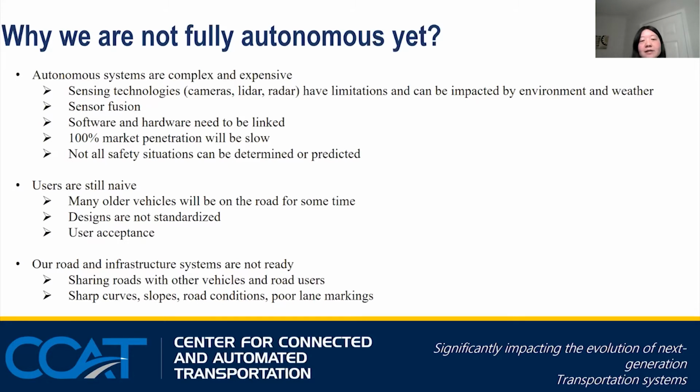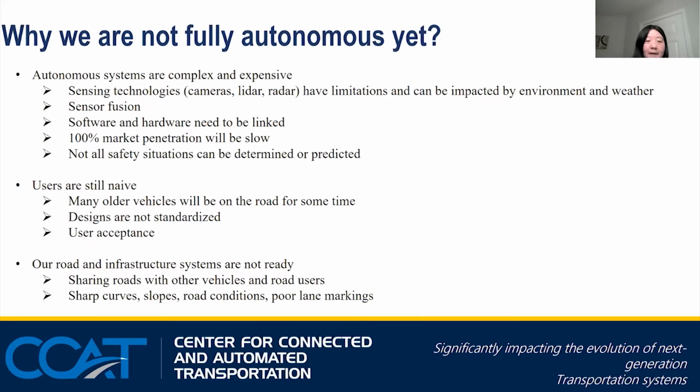So the users, the ordinary drivers, do not have the professional background knowledge of all those terminologies. Users are generally still very naive about those technologies. Some of them even cannot tell the difference between an autonomous vehicle and an automated vehicle.